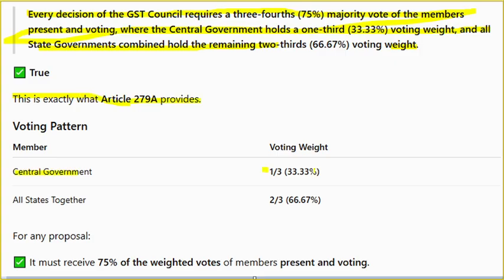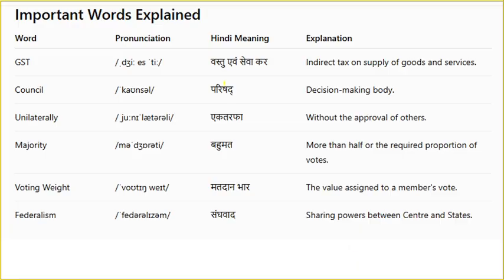Central government one-third, 33.33% voting weight, all states together two-thirds, 66.67% voting weight. It must receive 75% of the weighted vote of members present and voting for any proposal. GST वस्तु एवं सेवा कर, indirect tax on supply of goods and services.